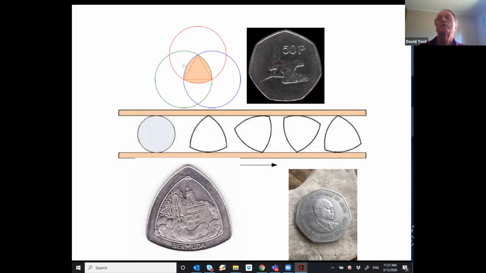So no matter what point I choose on the boundary, if I take a supporting hyperplane in this direction and a supporting hyperplane on the other side, the distance between the supporting hyperplanes is always the same. And there's an example which shows that the Reuleaux triangle, no matter how you turn it inside two supporting hyperplanes, it would always touch both sides.